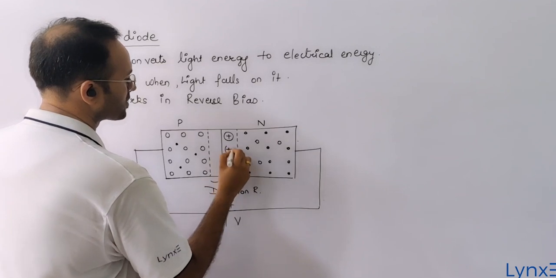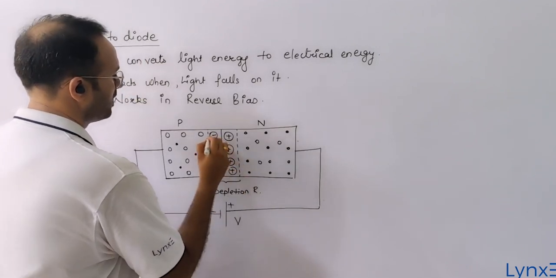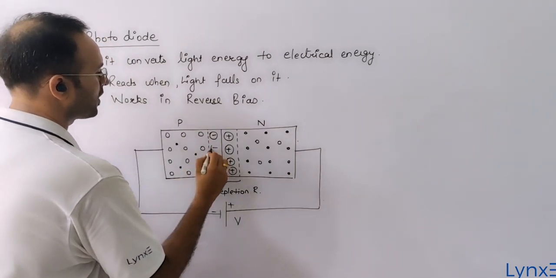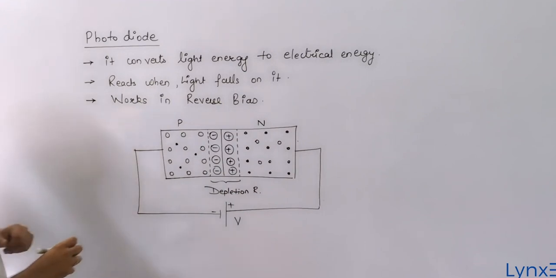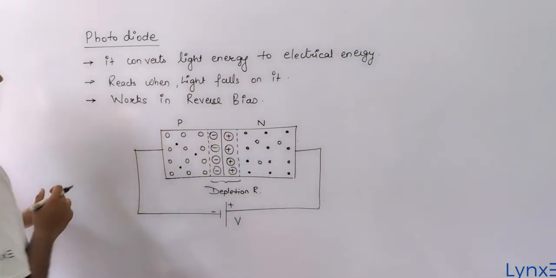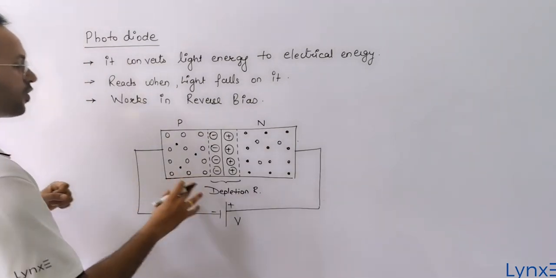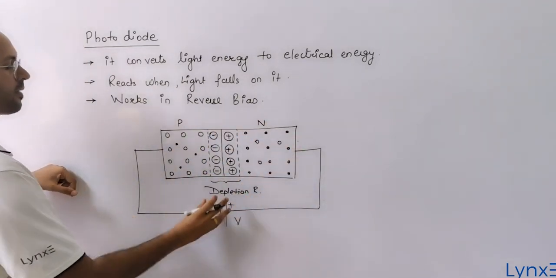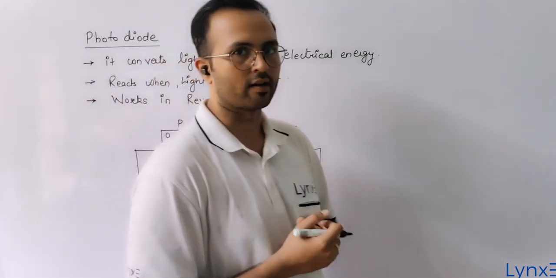It has positive ions on this side and negative ions on this side. So this is my depletion region. And as I told you, a minute, negligible current flows in the circuit when we apply a reverse voltage.